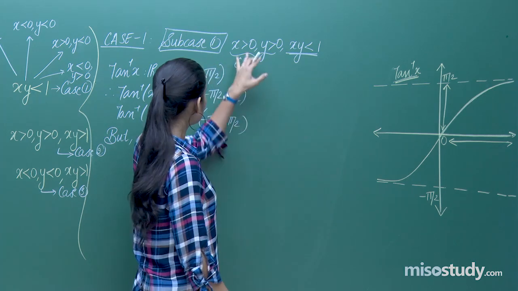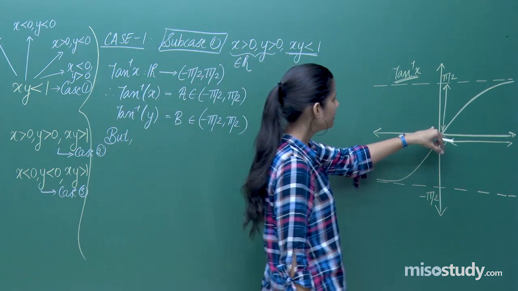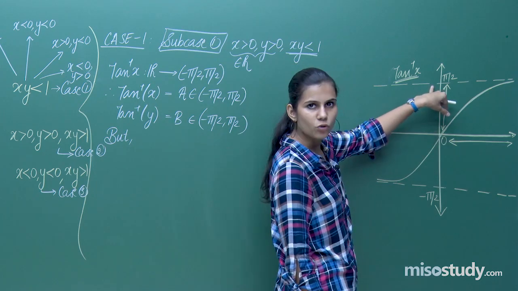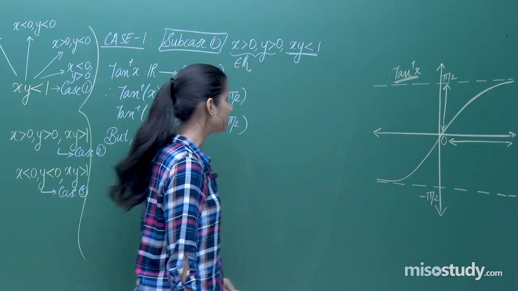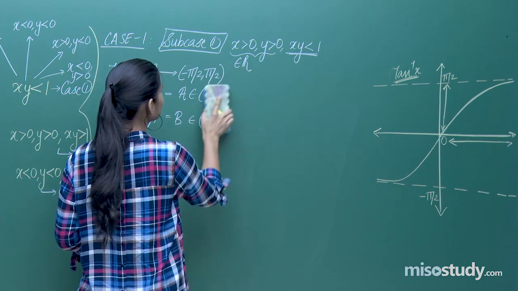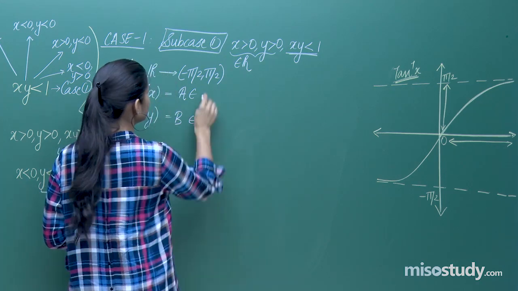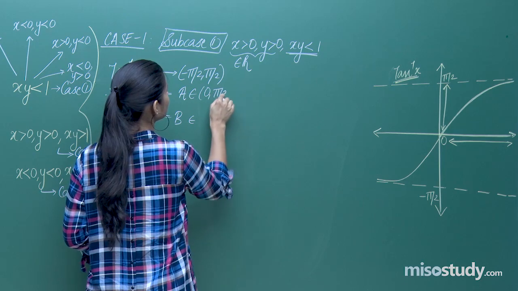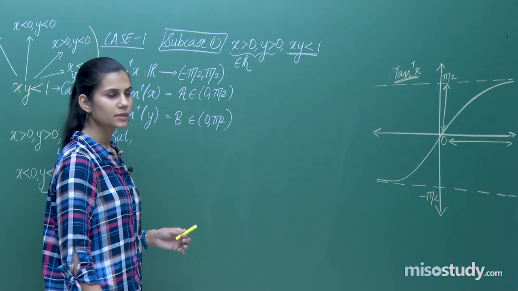So, if x is positive and y is positive, then tan inverse x lies in the open interval 0 comma pi by 2, and tan inverse y lies in the open interval 0 comma pi by 2. So this a and b that we have don't lie in the minus pi by 2 open interval. In fact, they lie in 0 comma pi by 2.